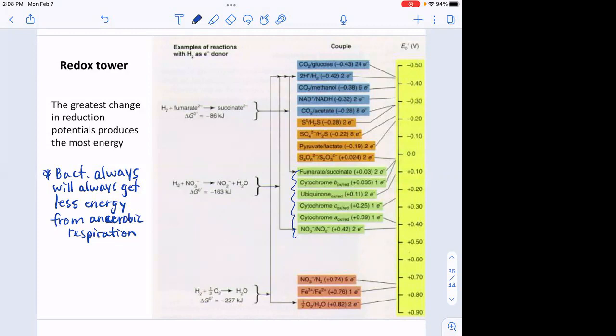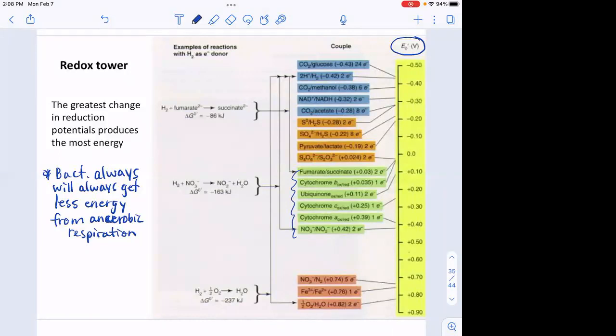You know what order they are because we can measure how badly they want to give up electrons or how badly they want to take electrons away. Okay, so we look at the redox potential, this E naught prime, pronounced E naught prime. That's a measure of the ability of some molecule to give up its electrons.